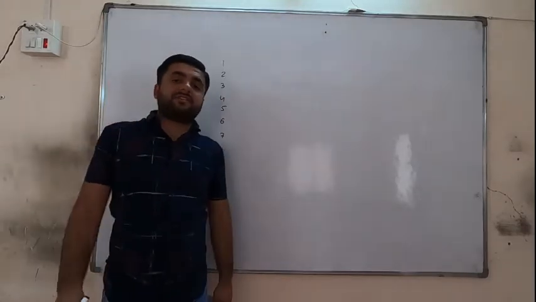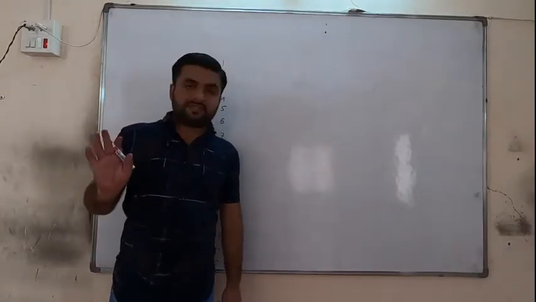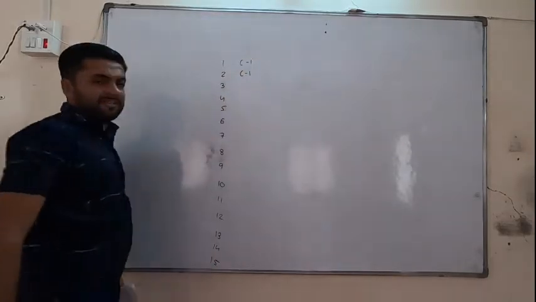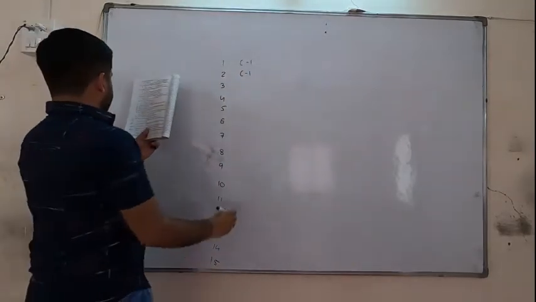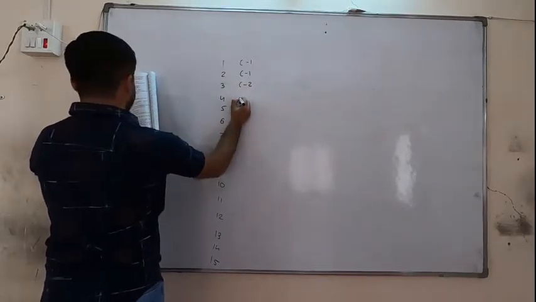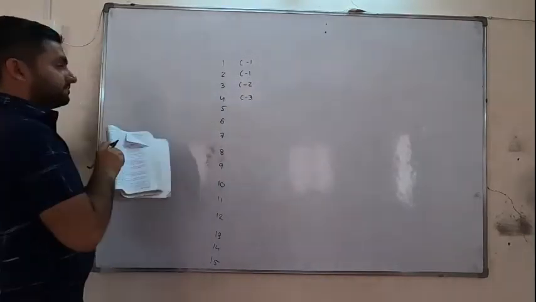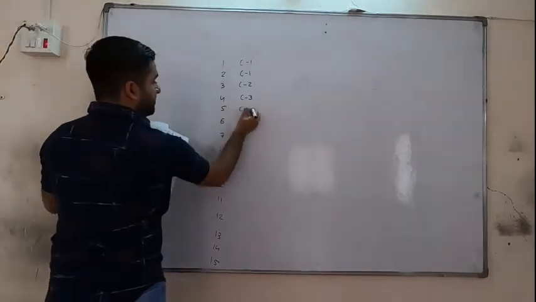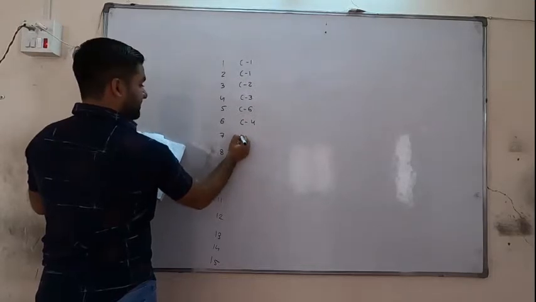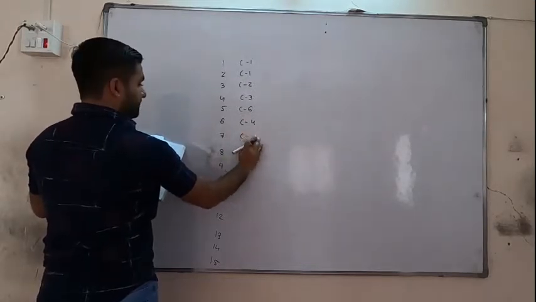Now I will first give which sum is for which case, so that you can understand clearly. Sum 1 and 2 are of case 1, so write C1. Third sum is for case 2. Fourth sum is for case 3. Fifth sum is of case 6. Sixth sum is of case 4. Seventh sum is for case 4.